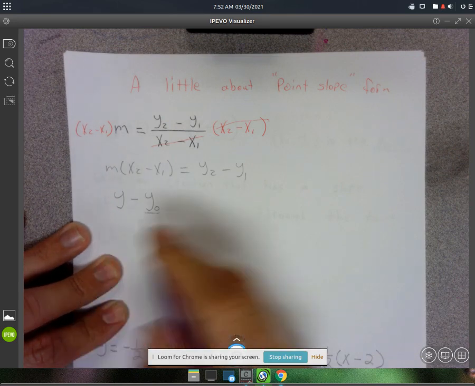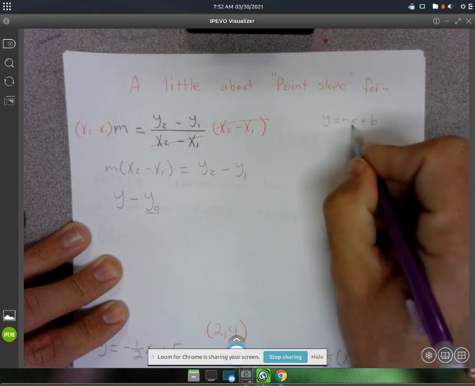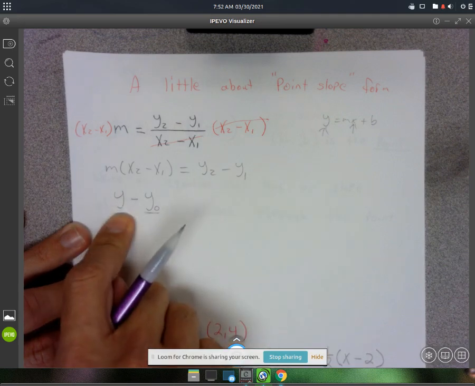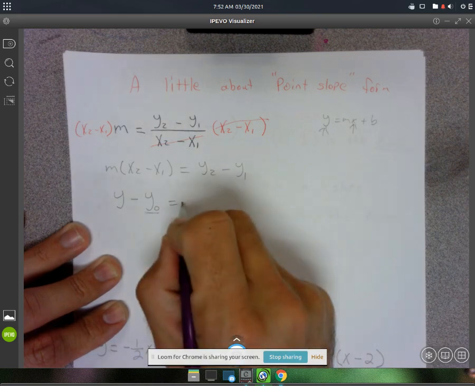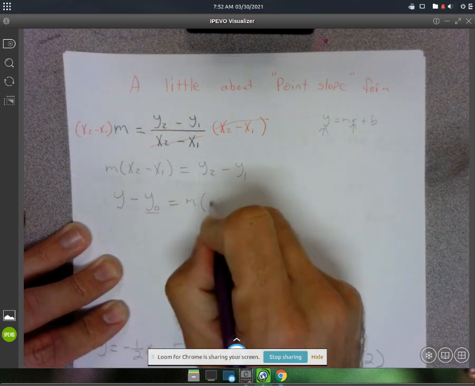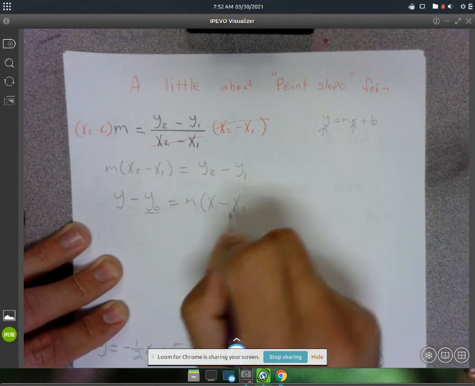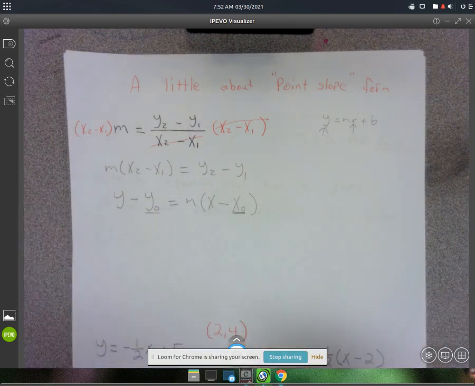You know how we have y equal mx plus b? Well, the x and the y, this is like that y part. And then on the right side, you've got your m, and then instead of an x2, they've got an x minus, and then instead of an x1, they replace that with an x sub 0 as well.